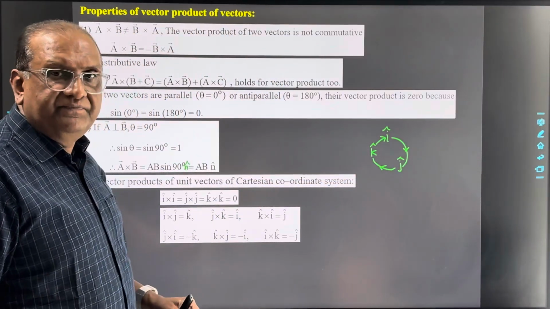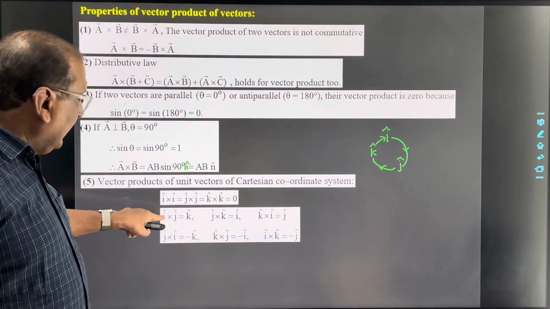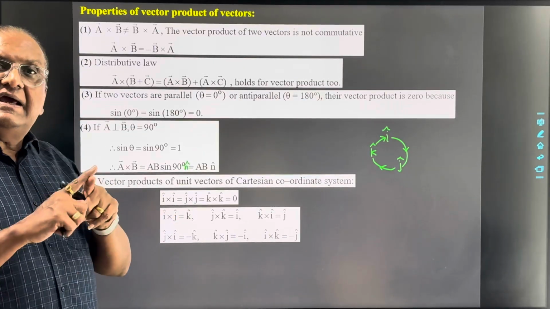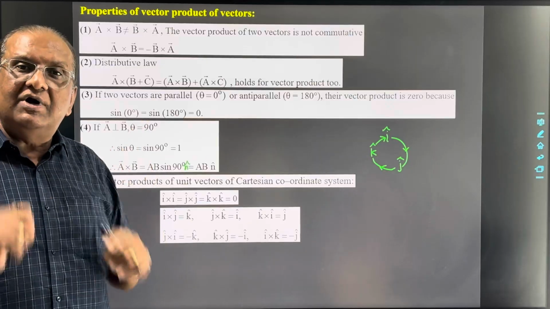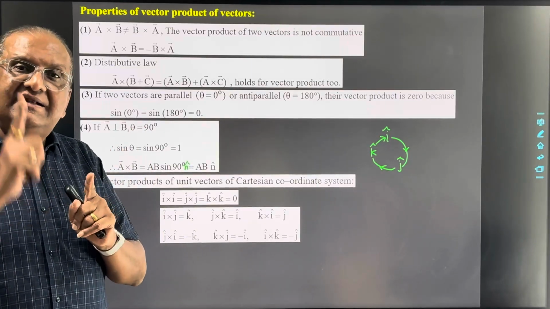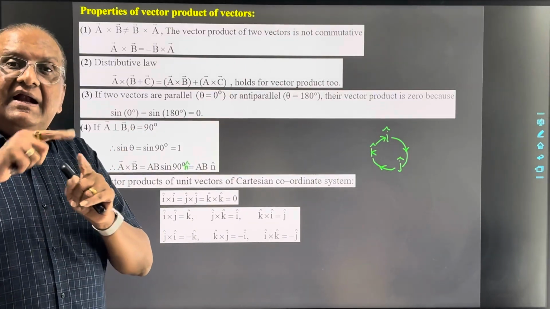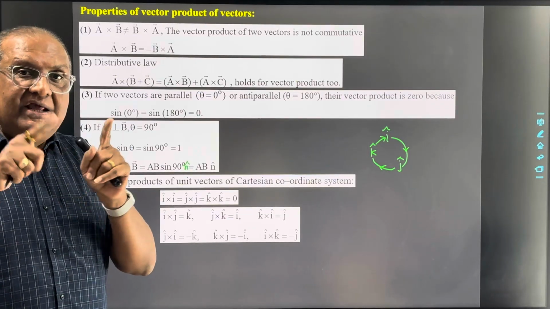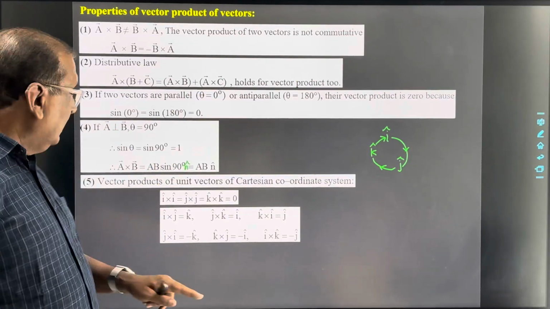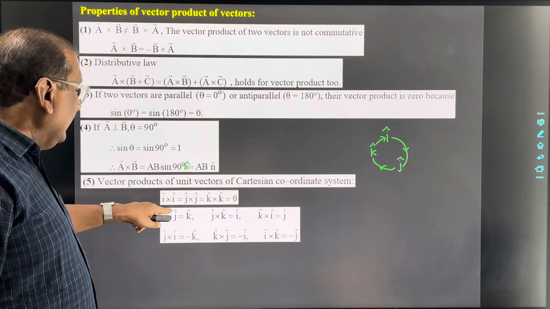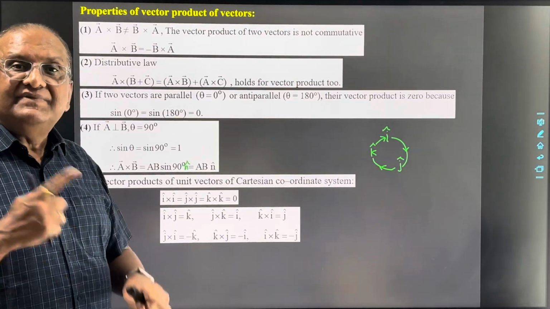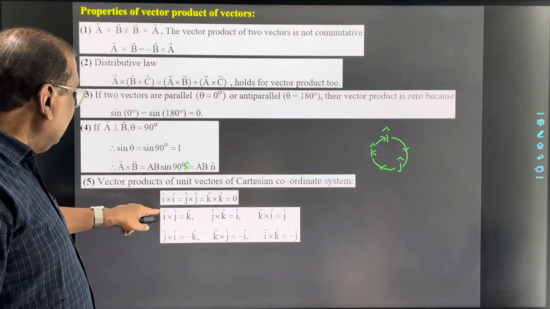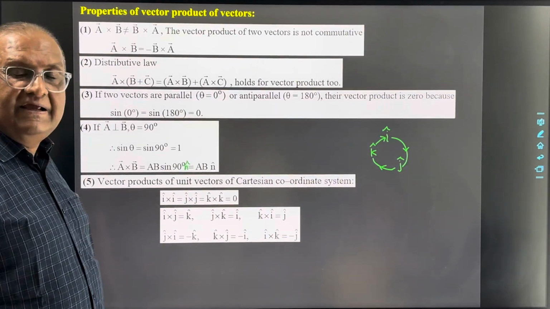Why? Because magnitude of i caret is 1, magnitude of j caret is 1. i caret and j caret are perpendicular to each other, so sine theta is sine 90, that is 1. And in the definition we have n caret, that is perpendicular to both the vectors. Here perpendicular to i caret and j caret is the k caret. So here we can write i cross j is k.